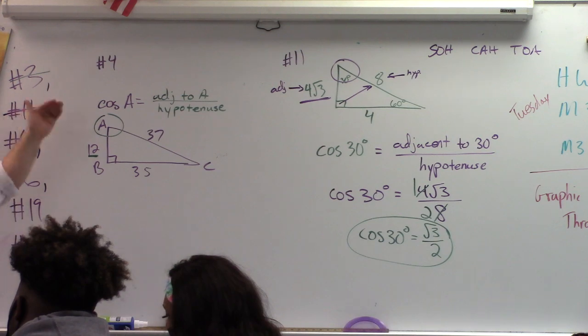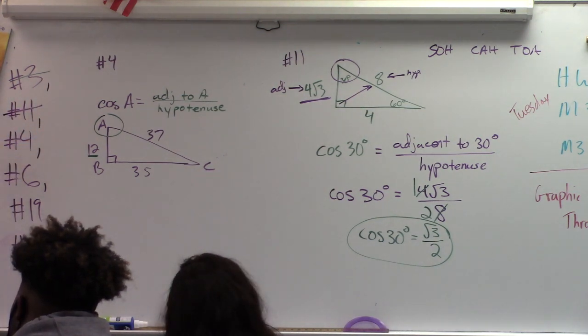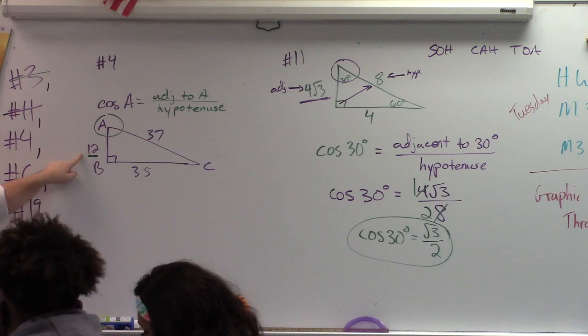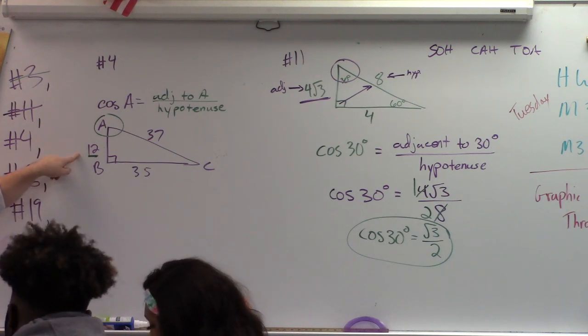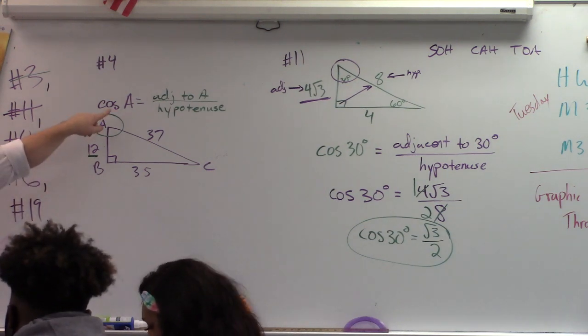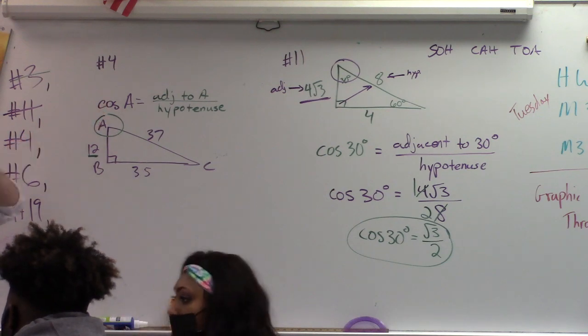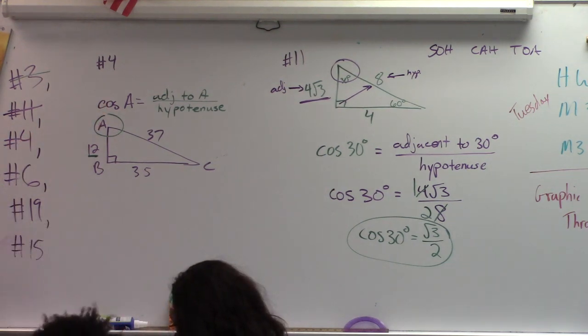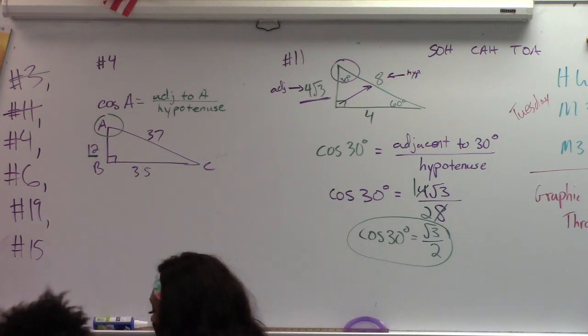So the adjacent to A divided by the hypotenuse. Now, notice, Ren, do we want anything that is opposite the 12? Nope. Okay, so we want adjacent to 12? Look again at that ratio. Adjacent to A. Remember, it's always in reference to the angle. London, what is adjacent to A?